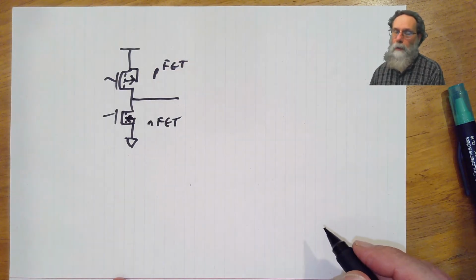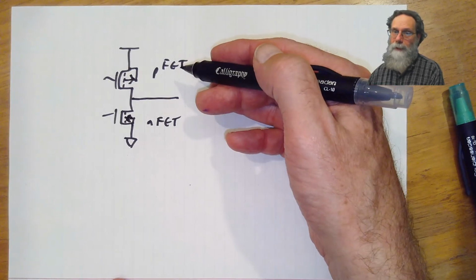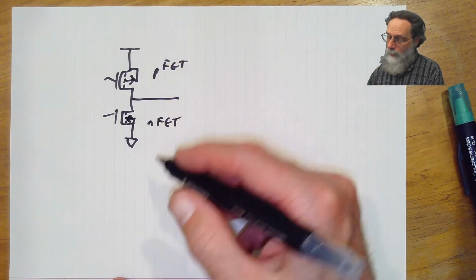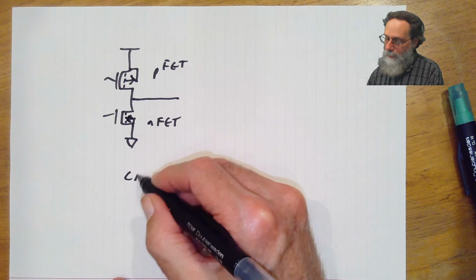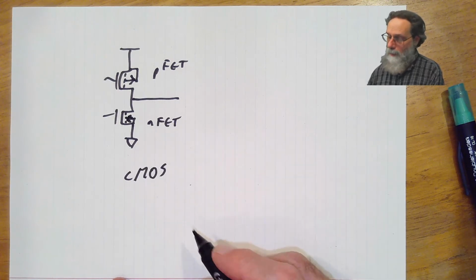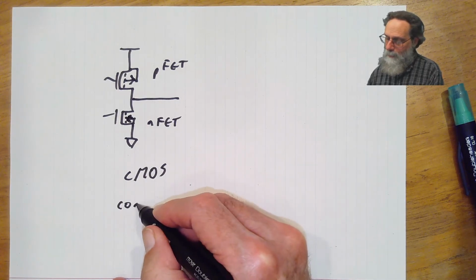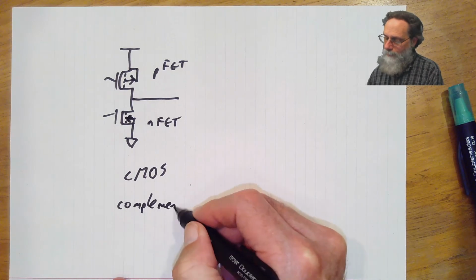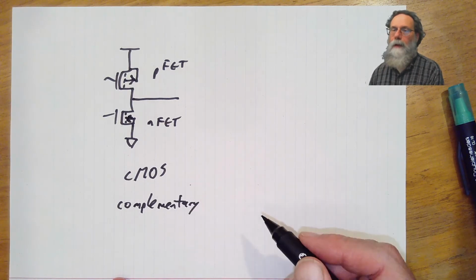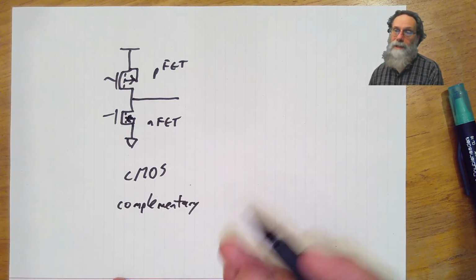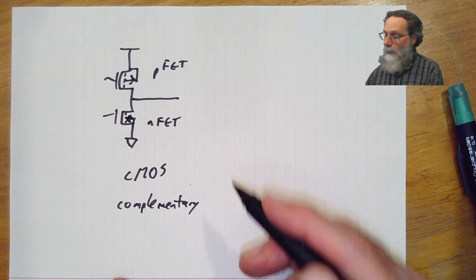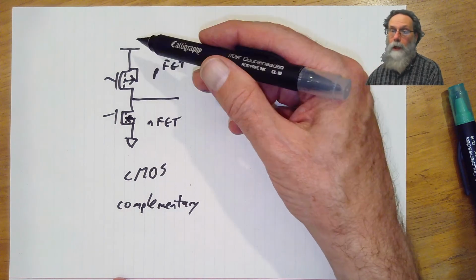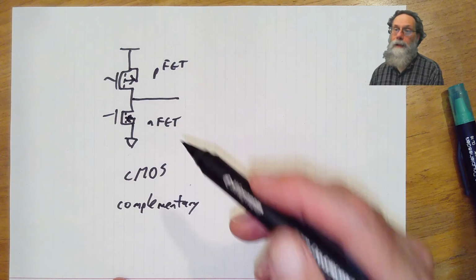This arrangement, where you have both positive PFETs and negative MOSFETs, is often referred to as CMOS. And the C stands for complementary. And MOS is metal oxide semiconductor, just as before. So a CMOS circuit has both a PFET pulling up to power and an MOSFET pulling down to ground.